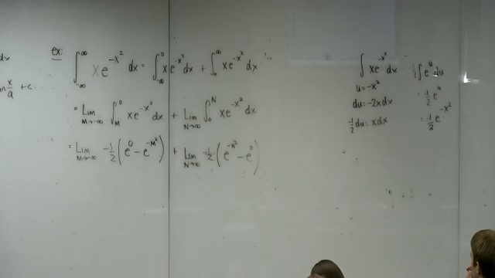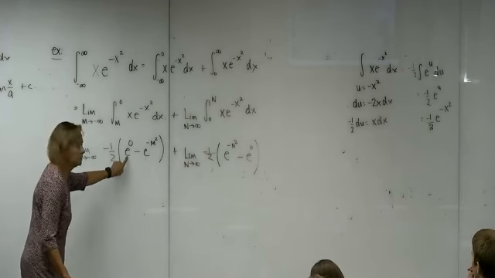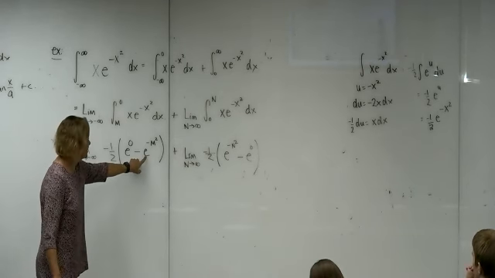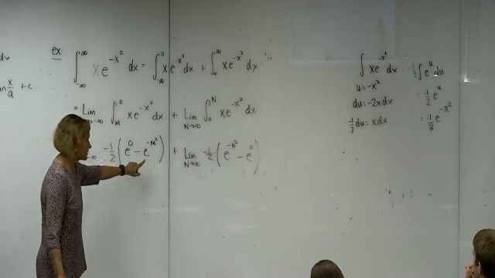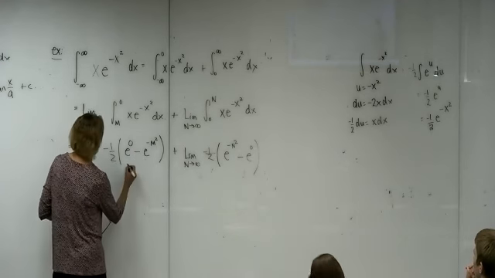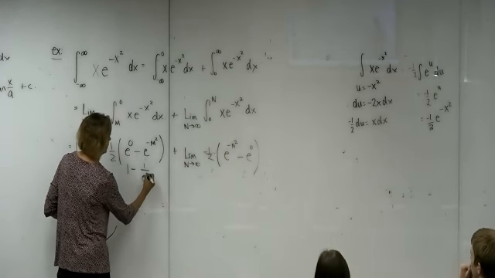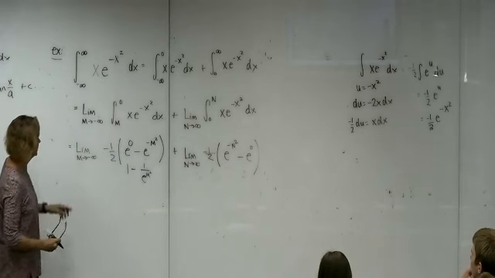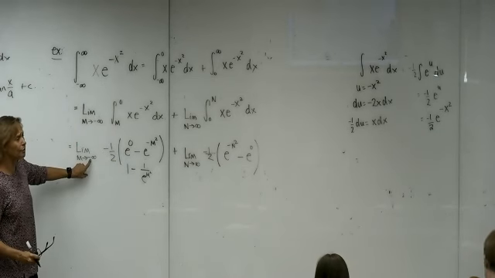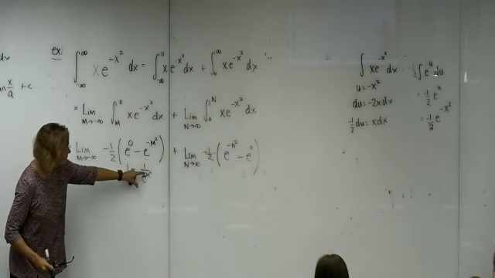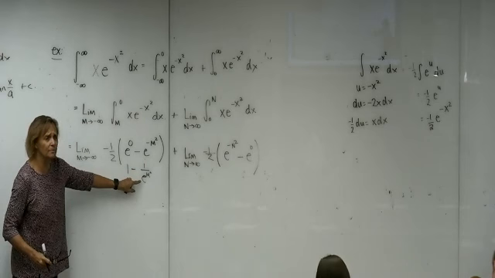So what are your thoughts? Okay, what happens here? That's going to be 0. If I take a big negative number and square it, it's a big positive number. e to a big positive number is big.